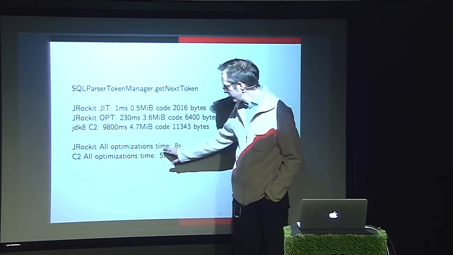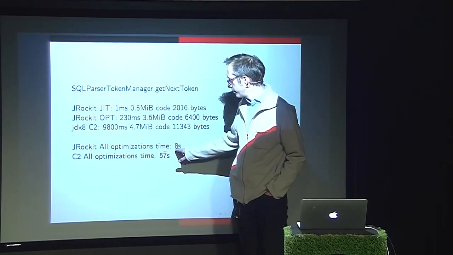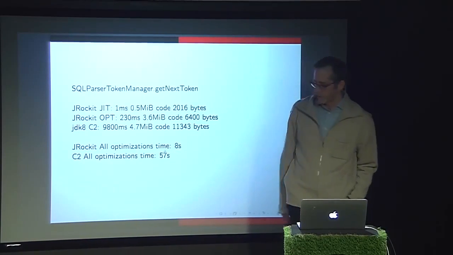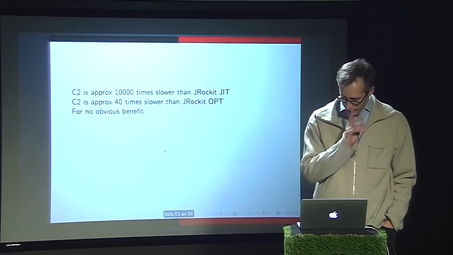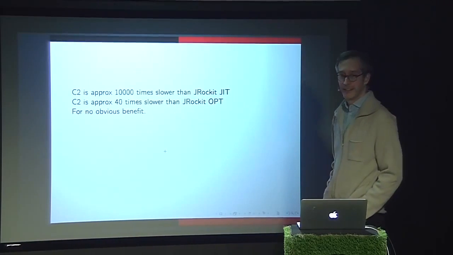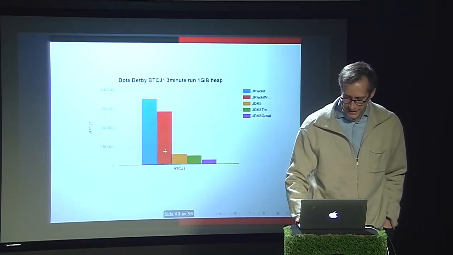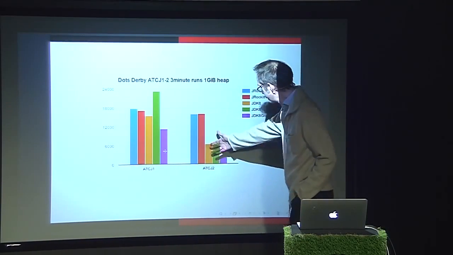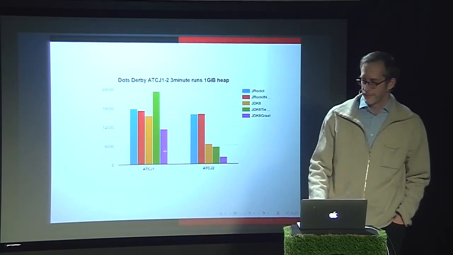So you can see here that all optimizations were running. The time spent in the optimizer was 8 seconds, vis-a-vis 57 seconds. So C2 is approximately 10,000 times slower than the JRockit JIT. And if you remember in this graph here, the JIT is fine sometimes.